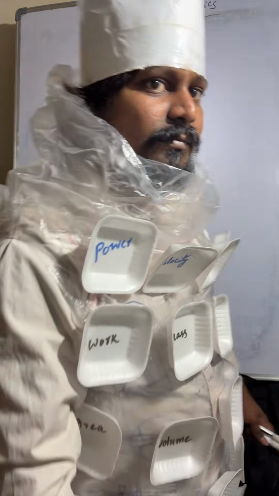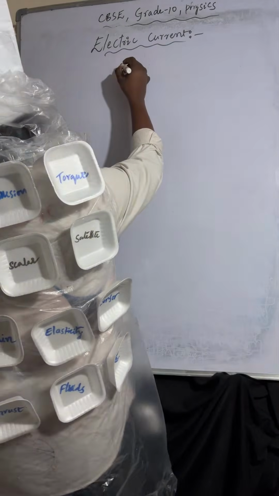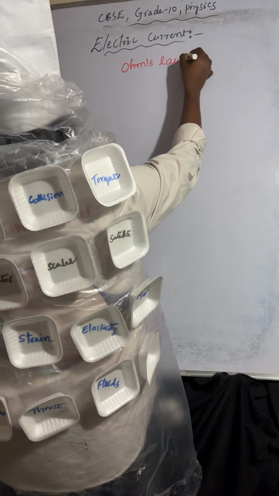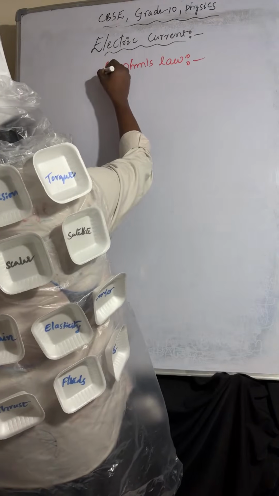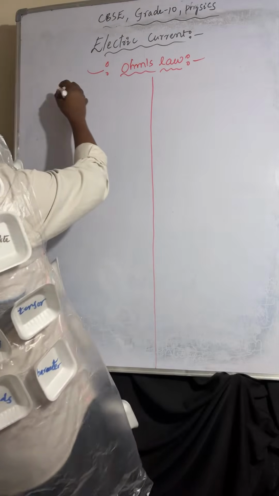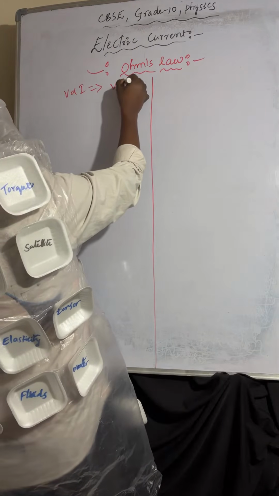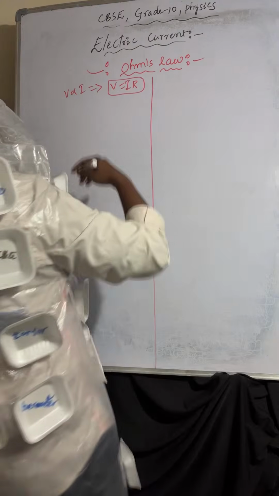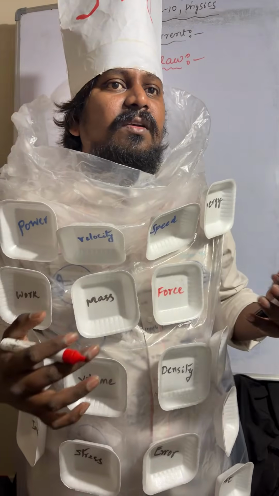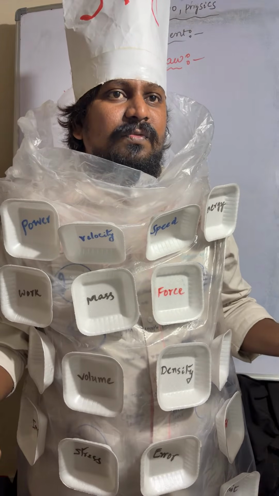Ohm's law. The potential difference across the ends of a given metallic conductor is directly proportional to the current flowing through it.